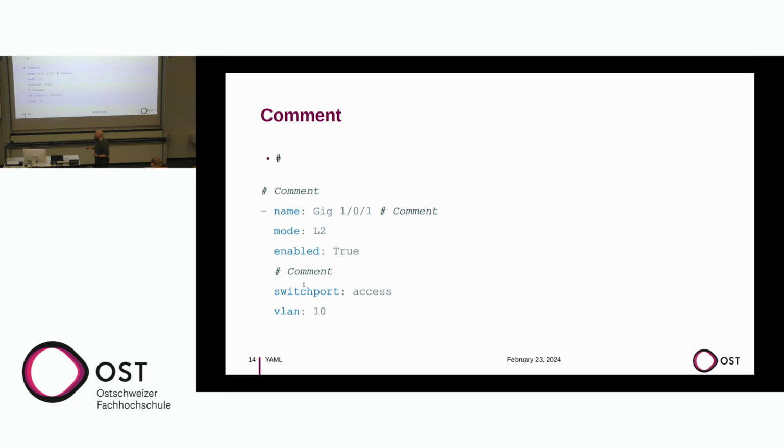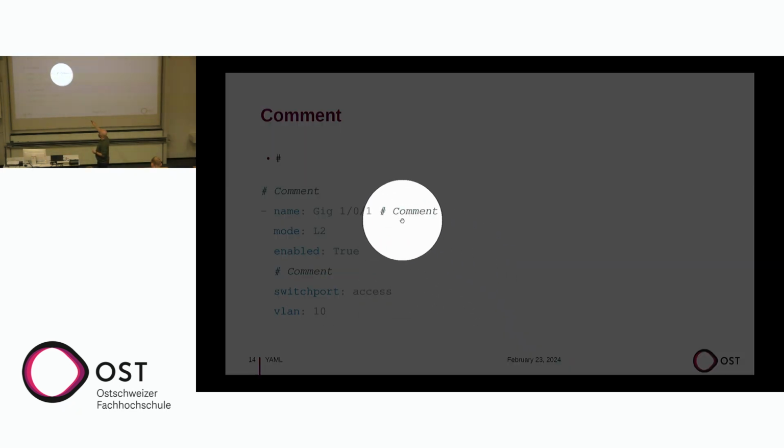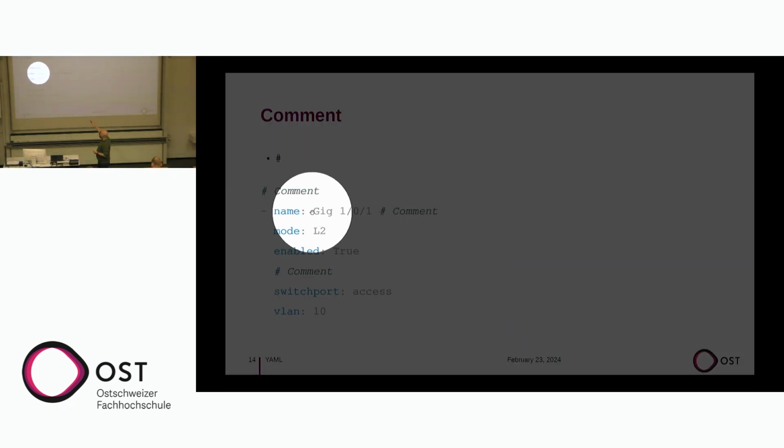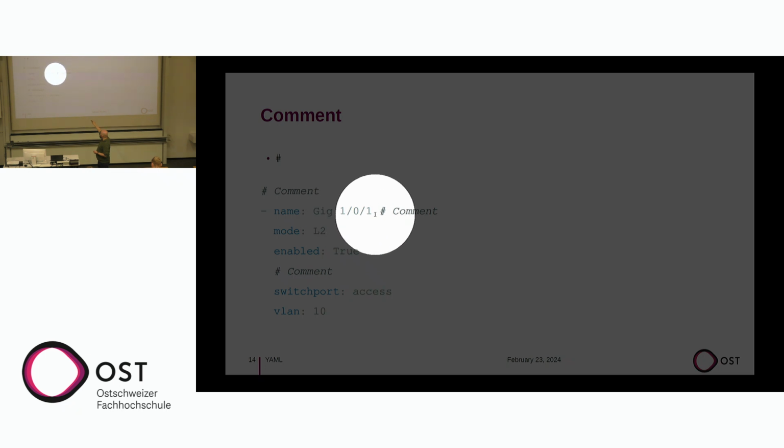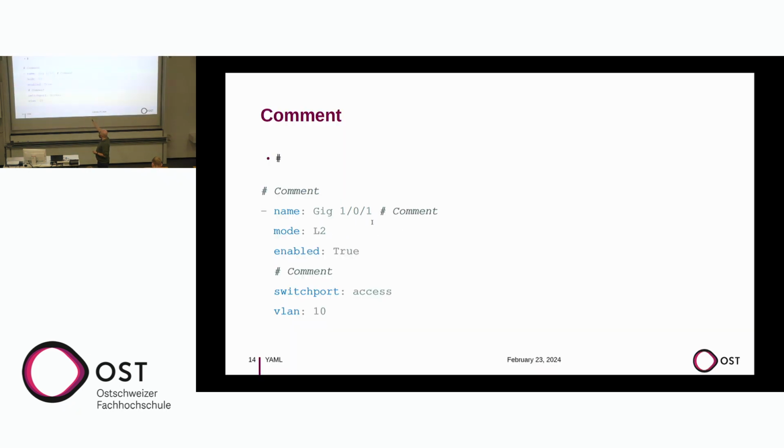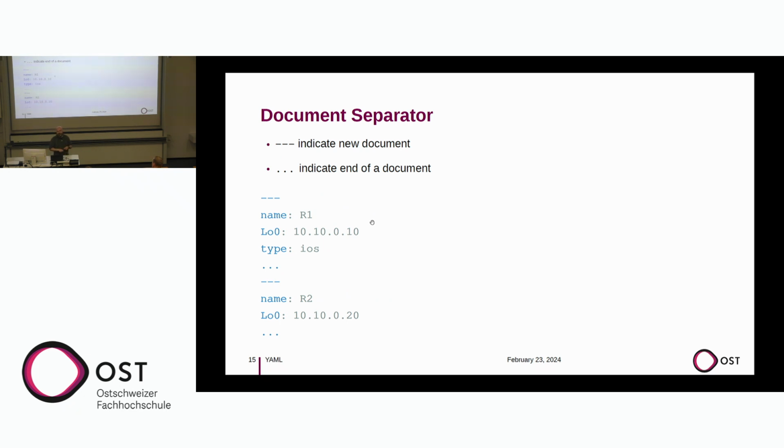If we put it here, the string will be from this G to this 1. This will be one string, and the comment is just a comment. For me, it also helps sometimes for making notes. That's just one of the nice features.